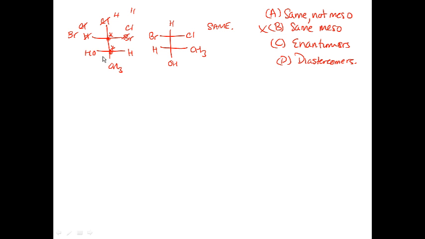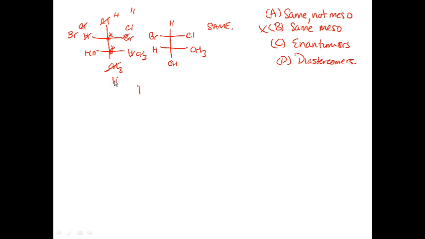For the bottom, are these two the same configuration or are they opposite configurations? Well, if I'm going to match these up, I'm going to switch my H and my CH3. So that's one switch.